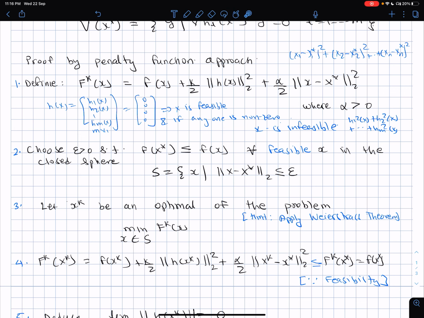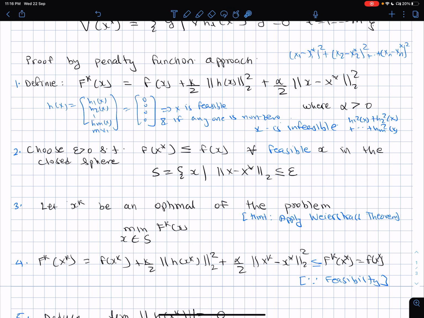But if it was a weak local minimum, then however small a neighborhood around x star you take, there would always be another alternate local minimum point, and hence I may not be able to force the sequence xk to go to x star as k tends to infinity.